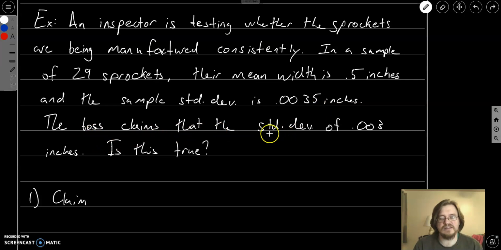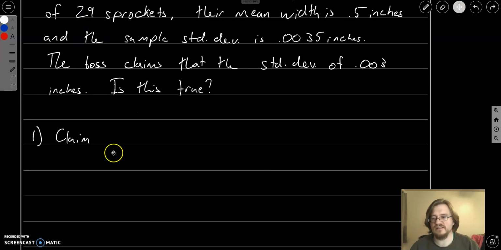But the boss claims that the standard deviation is going to be 0.003 inches. So the sample standard deviation is slightly bigger than what is expected. So the question is, is what is expected true? Can we say that the actual standard deviation is 0.003 and our sample was just a bad sample? So we should go through that same process as before.